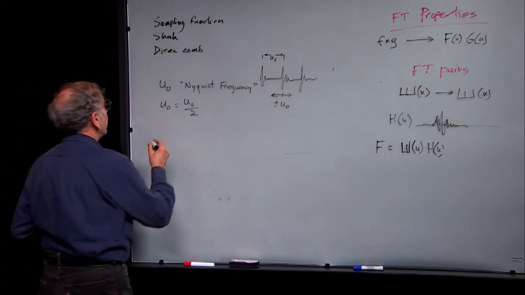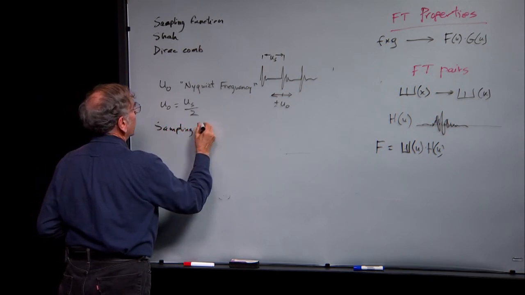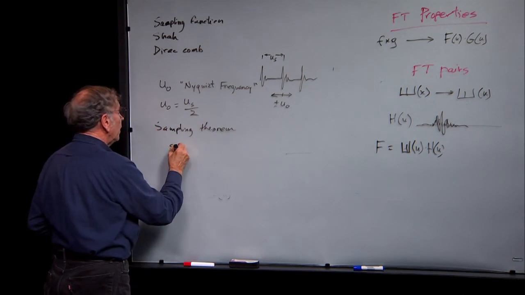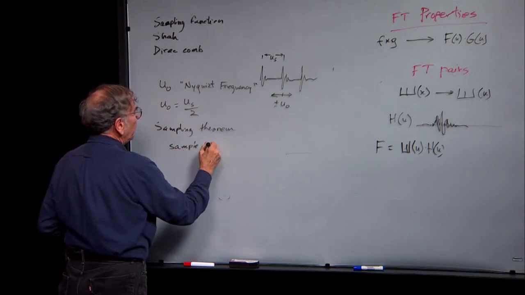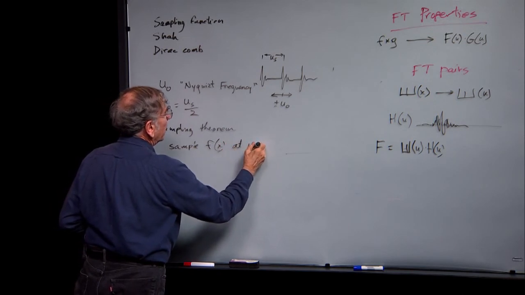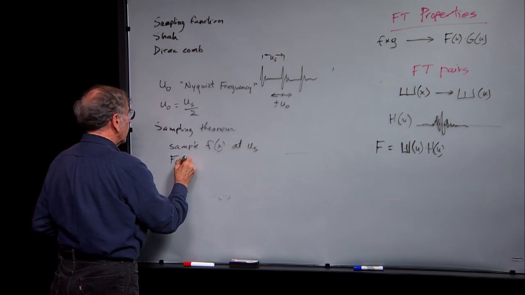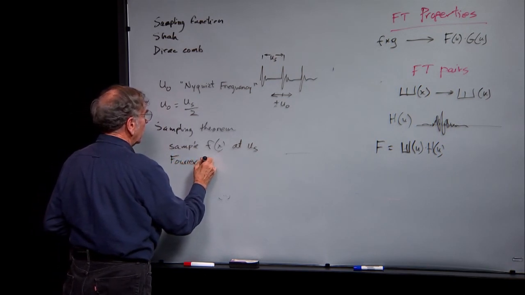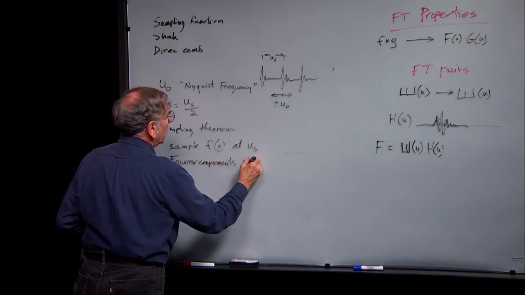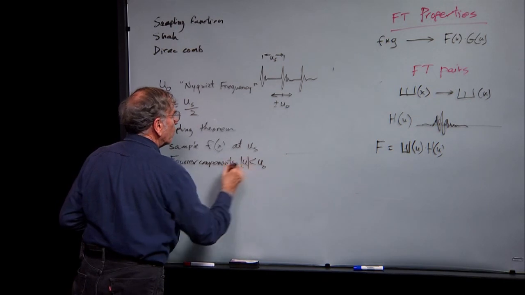And so the sampling theorem says if we sample some function f of x at a rate of u_s, then Fourier components at frequencies less than u0 are preserved.